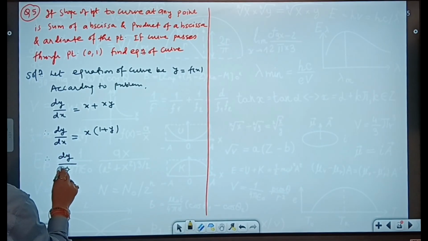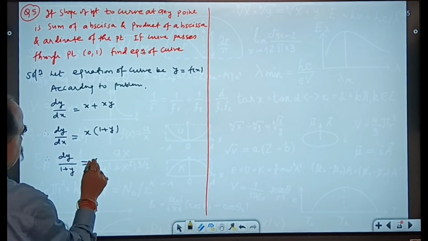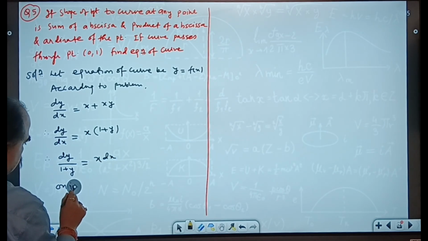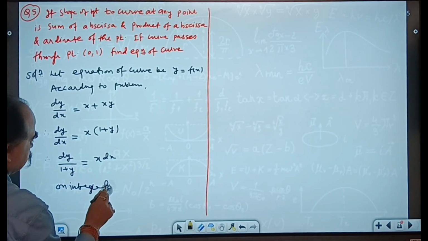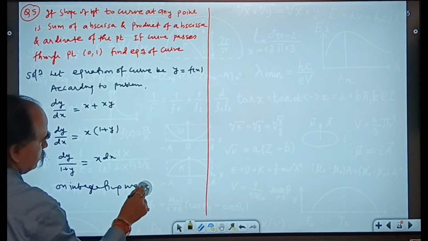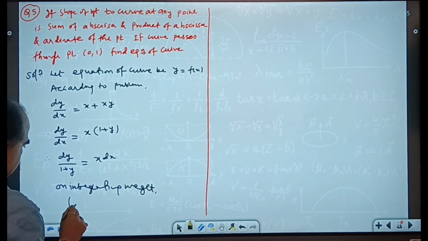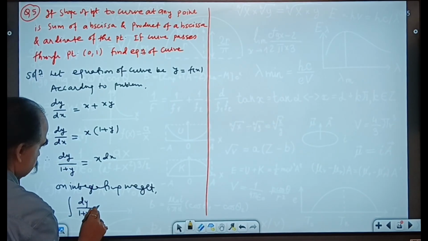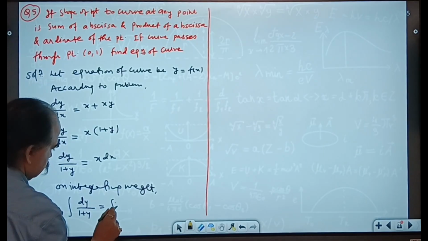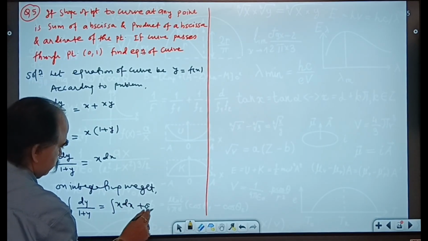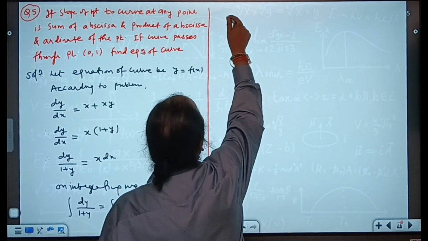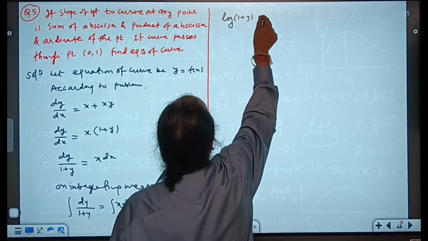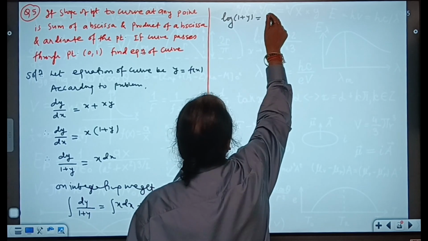So dy upon 1 plus y is equal to x dx. On integrating, we get integral dy upon 1 plus y is equal to integral x dx, so log of 1 plus y is equal to x square by 2 plus c. Equation 1.